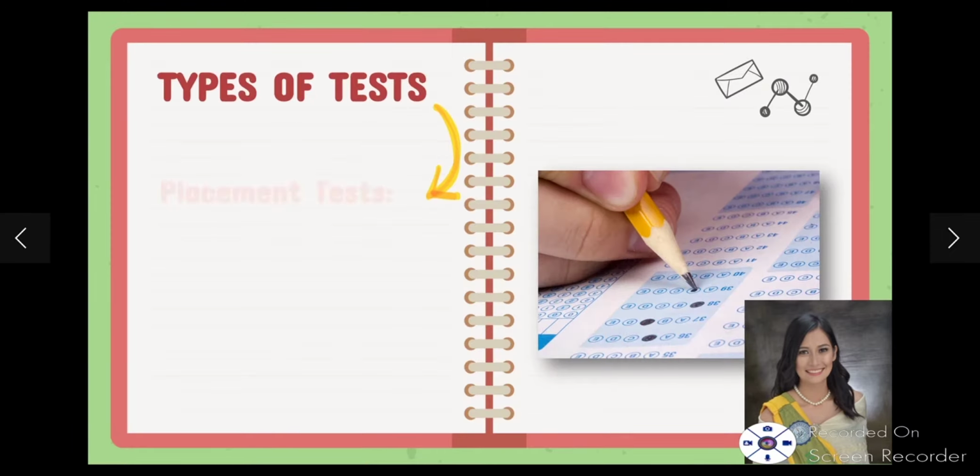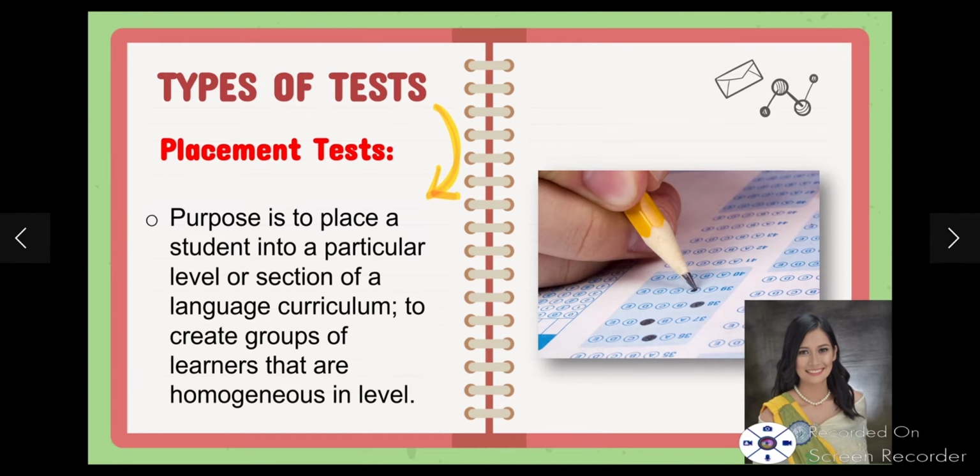So, let us have first the placement test. The purpose of a placement test is to place a student into a particular level or section of a language curriculum and to create groups of learners that are homogeneous in level.